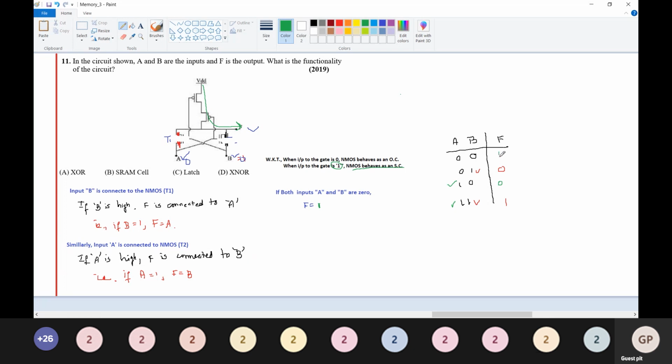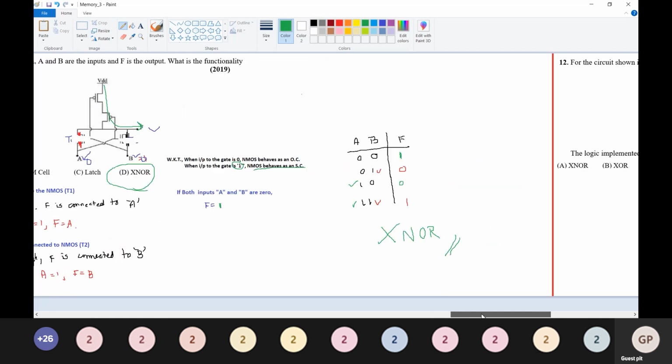So it's going to be 1. So this truth table resembles an XNOR. Your option is D. Understood?